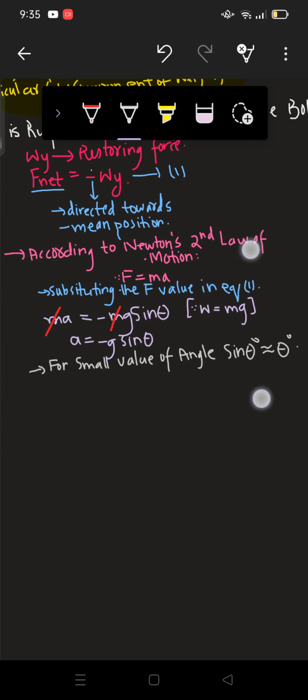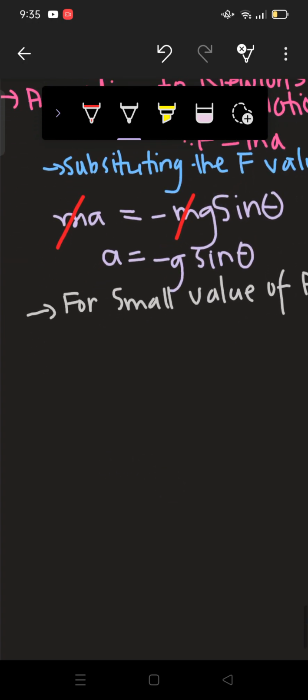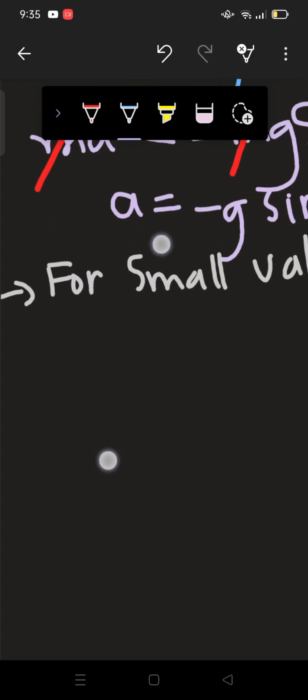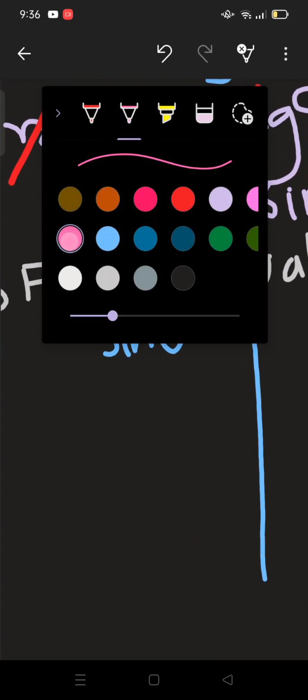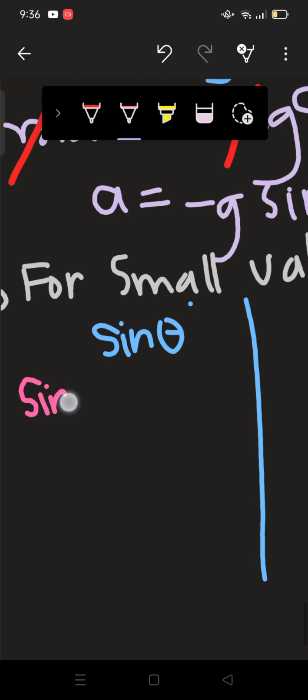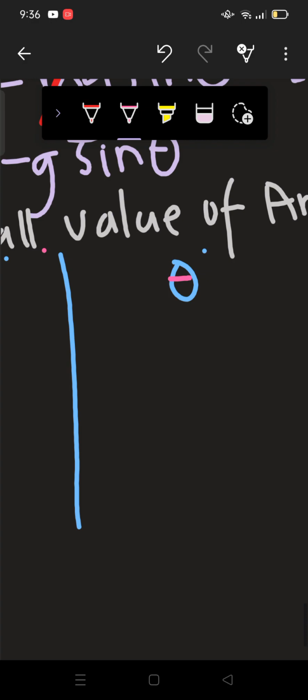We'll see how this works. So let's understand this with the help of sine theta and theta only. Let's see their values. We need to take small values of theta, because for small values of angle, sine theta would be equal to theta.